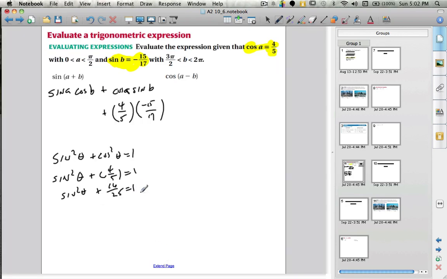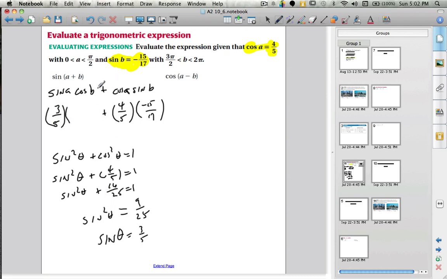And then if I subtract 16/25, I'll get that sine squared theta is equal to 9/25. So if I square root either side, sine of theta is equal to 3/5. Okay, great. So I know that sine of A is 3/5.